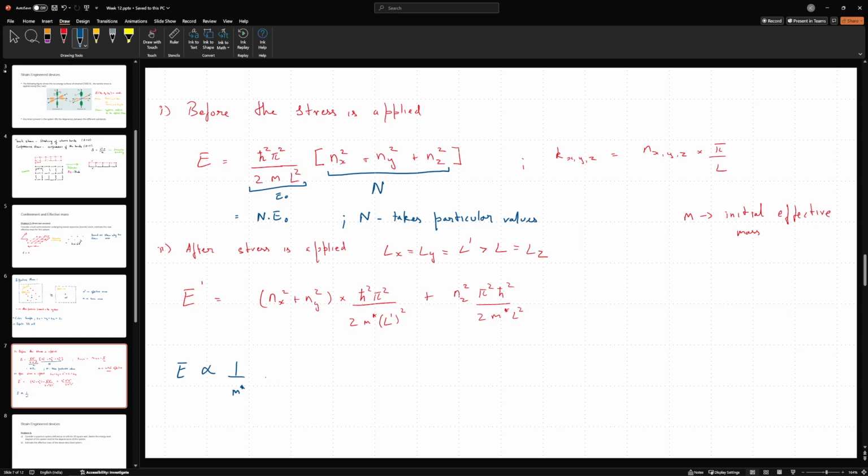The energy is a sum of three quantities here, and for each component of motion, each degree of freedom that the electron has in the solid, I have one E naught coming from it. So I can treat E naught to be the average energy per degree of freedom.